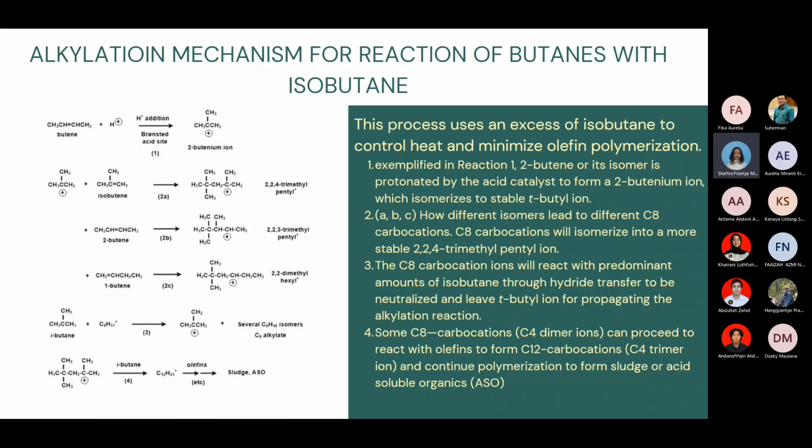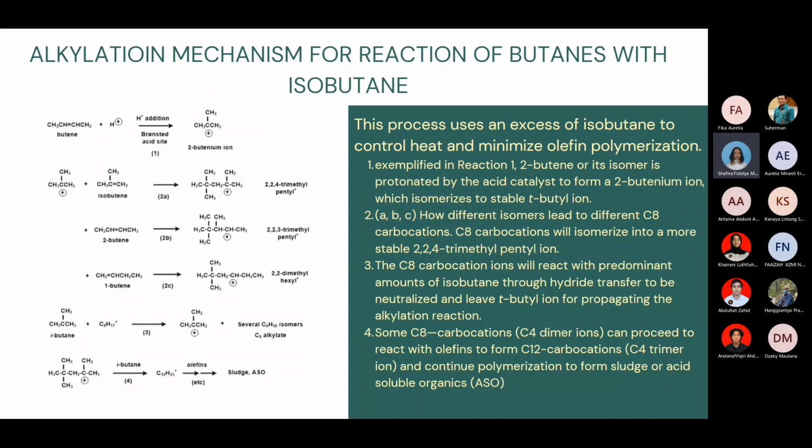So the most stable reaction from the three, as I can see, is 2A. Yes. And then in reaction number 3, the C8 carbocation will react with predominant amounts of isobutane through hydride transfer to be neutralized and leave the t-butyl ion for propagating the alkylation reaction.